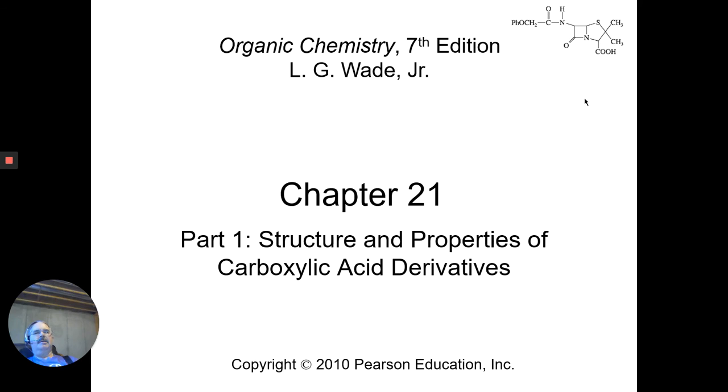When the penicillin or cephalosporin also has this beta-lactam group, that binds to an amino group of the bacterial protein, and then this serves to inhibit synthesis of the cell wall.